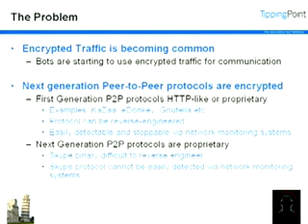The first generation did not use any obfuscation or encryption techniques to avoid detection. But now with things like Skype, they are purposefully trying to put in obfuscation and encryption so that network-based systems cannot detect these. That's a problem which we are trying to solve here.